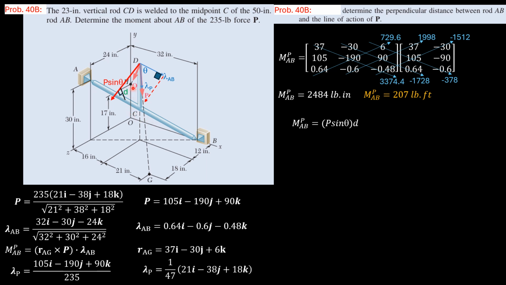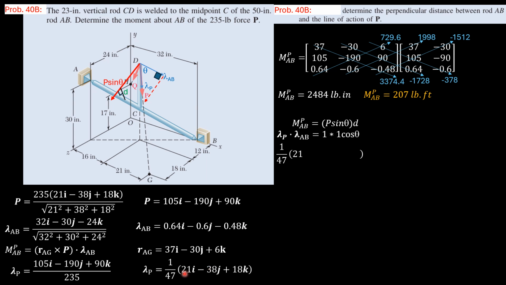Then to find theta, we obtain the dot product of lambda P and lambda AB. Remember, the dot product is the mathematical tool which will allow us to solve for the angle between the two vectors. So lambda of P dot lambda of AB equals magnitude of lambda of P, which is 1. These are unit vectors, so 1 times 1 cosine of theta.